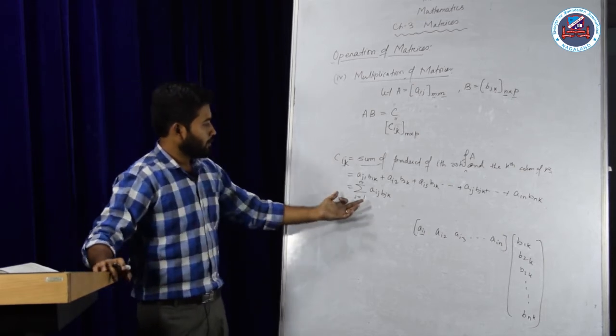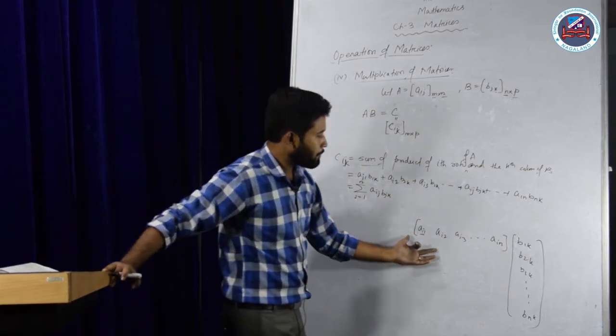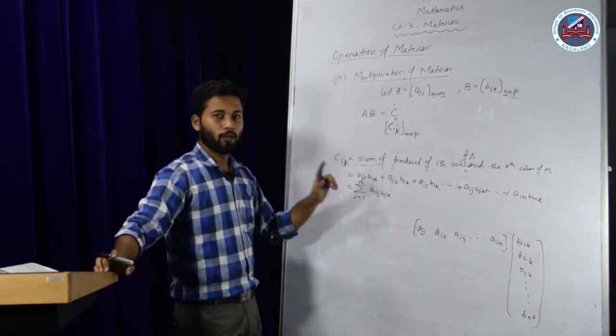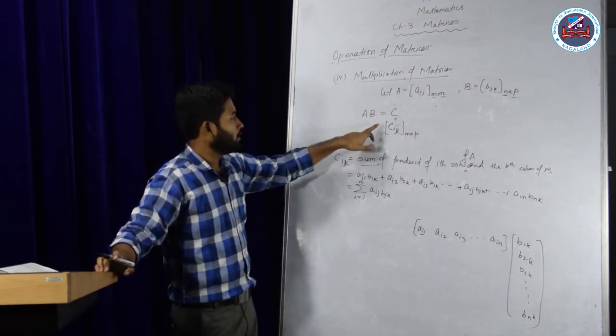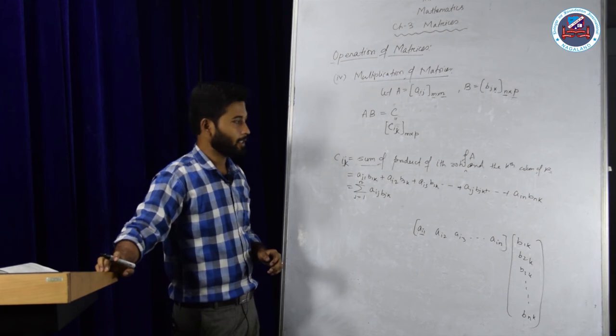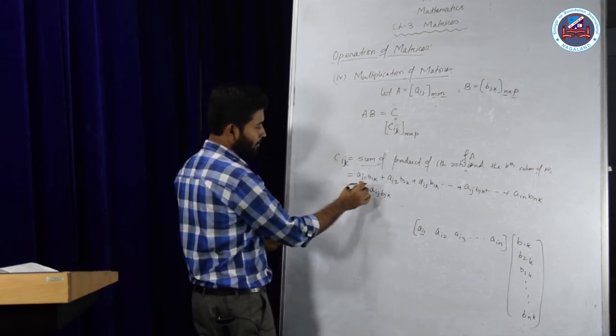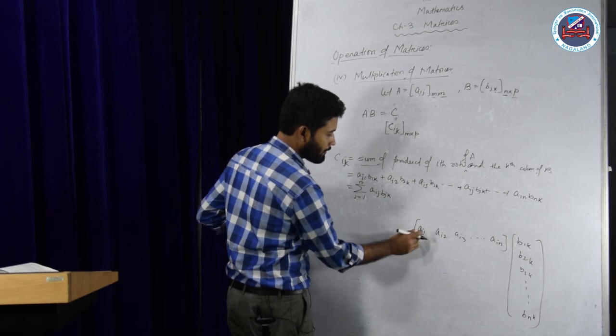Now, after multiplying the ith row with the kth column, we have got only one element of the new matrix. Okay. Similarly, now if I change here, I have taken the ith row.